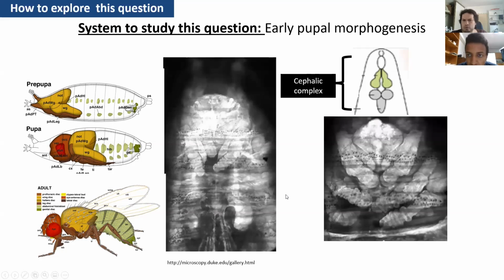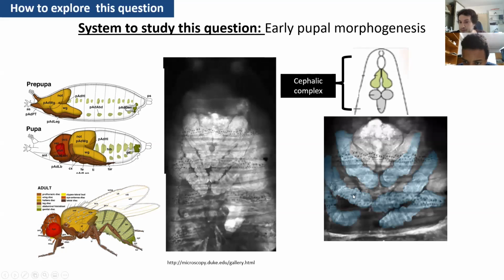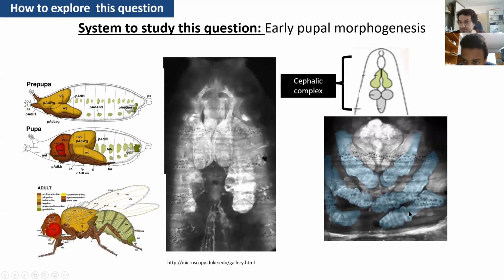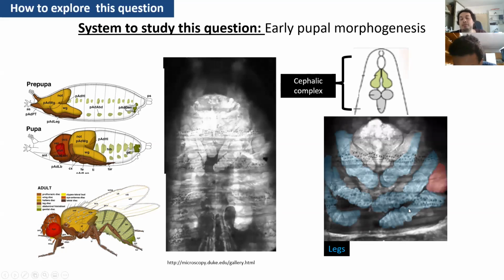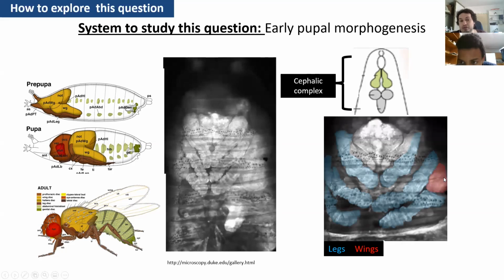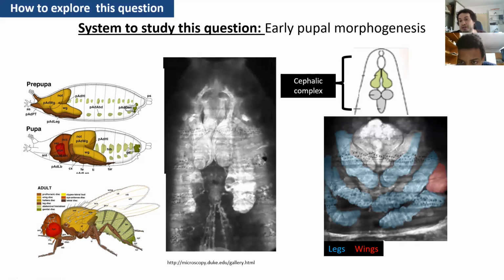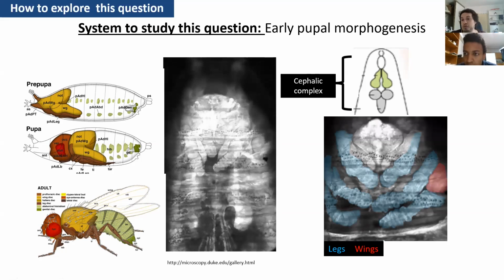So here, let me show you in a simple way. In blue are the legs. In red, here you can see this is a wing. But why don't you see the entire wing? Because we are imaging, we have to turn the pupae to the side to image the wing.